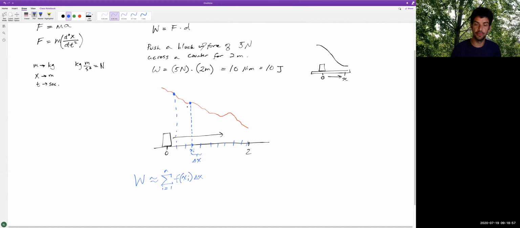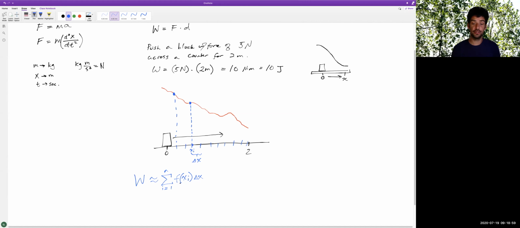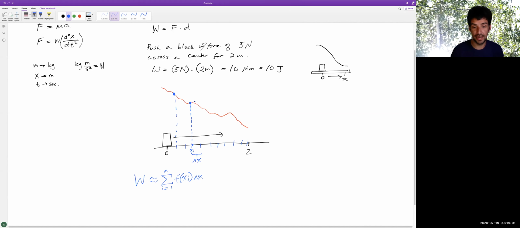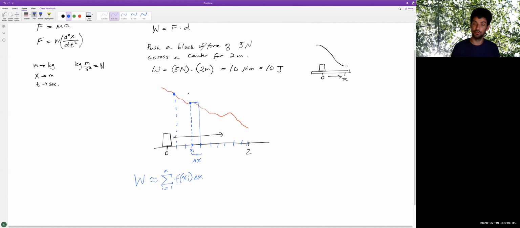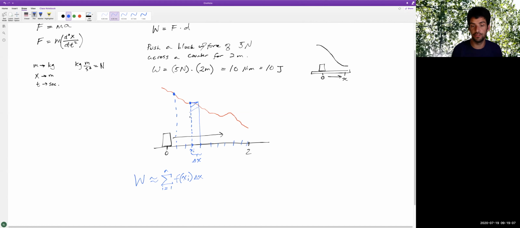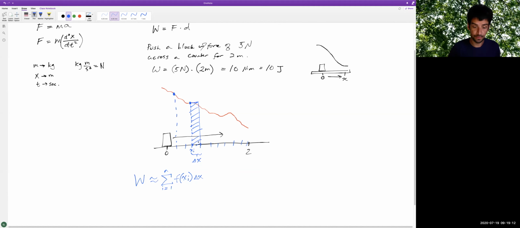So it's an approximation, it's not perfect. Also notice, f of x sub i times delta x is just telling me the area of this rectangle. So it's really the same idea we've been using all along. We're just constructing it or thinking about it a little bit differently, okay?